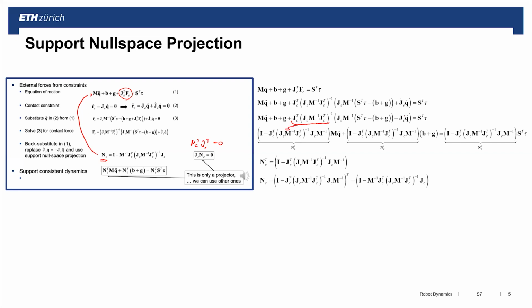And then we write here an M inverse M in between. So we can take the M q double dot outside of the brackets and the M inside. So we have identity minus this term. Then we're grouping together everything which is related to B and G. So we have here the identity part, and then we have here B and G.